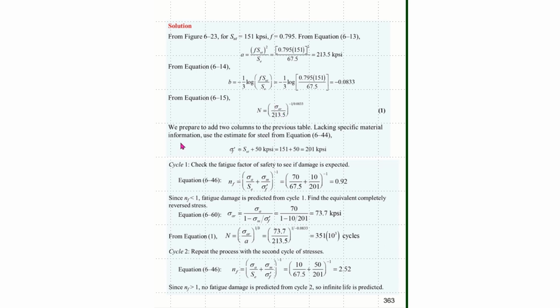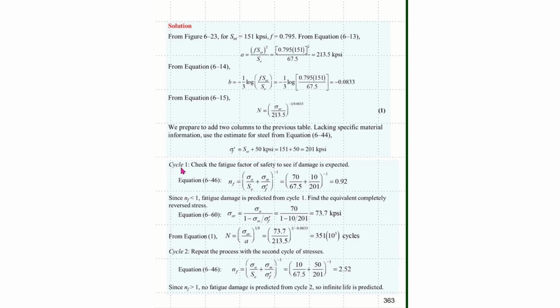So we prepare to add the two columns in the previous table, and lacking material information, we're going to just estimate still and get sigma F prime to be 151 plus 50 to give me 201 kpsi.